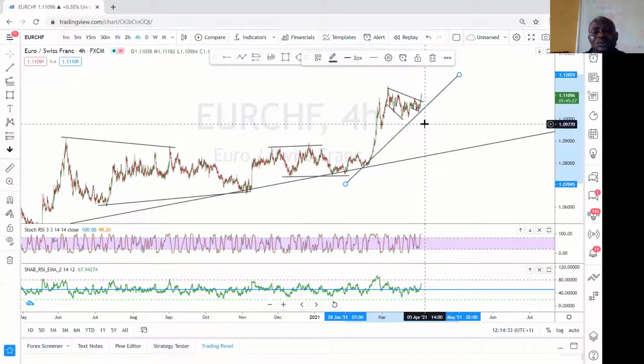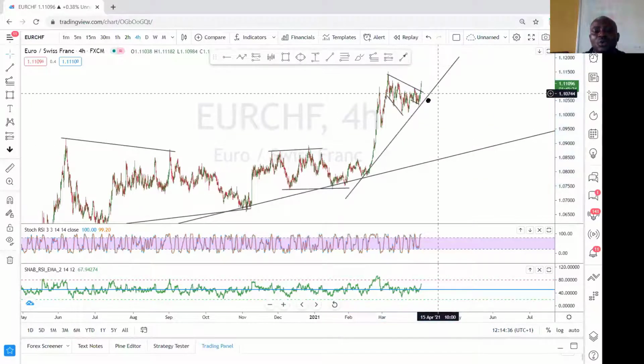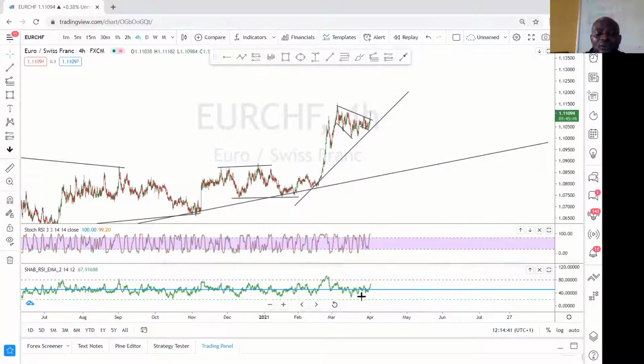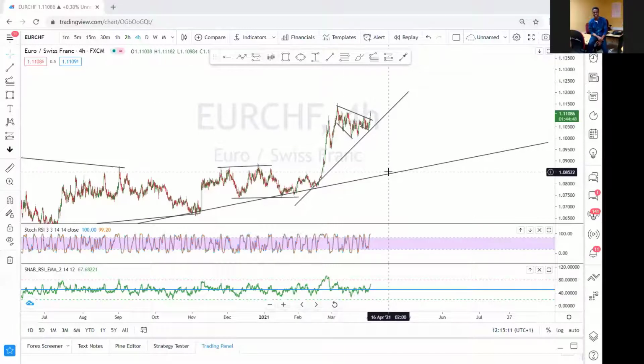Initially, we expected the correction to come down, but because of the way it is going, coupled with the fact that today is the beginning of the second quarter, and also the beginning of the month, you expect many pairs that have been consolidating to break out to the upside. It's really a decision day, and that's why you see a bit of momentum in the market in the morning.